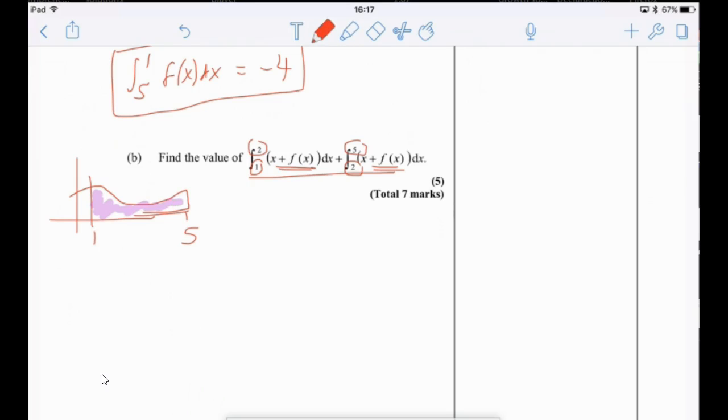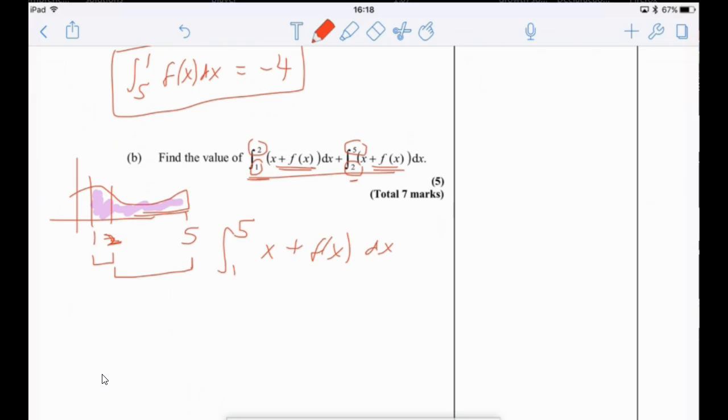Now, if you found the area from 1 to 2 first, and then you found the area from 2 to 5 second, and you just added them together, you're going to get the exact same purple area as before. So if you have this integral from 1 to 2 and an integral from 2 to 5, it's the same thing as taking the integral of 1 through 5. So it's the integral from 1 through 5 of x plus f of x dx.